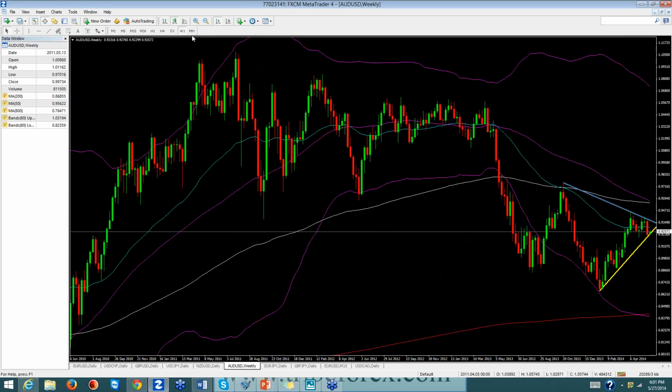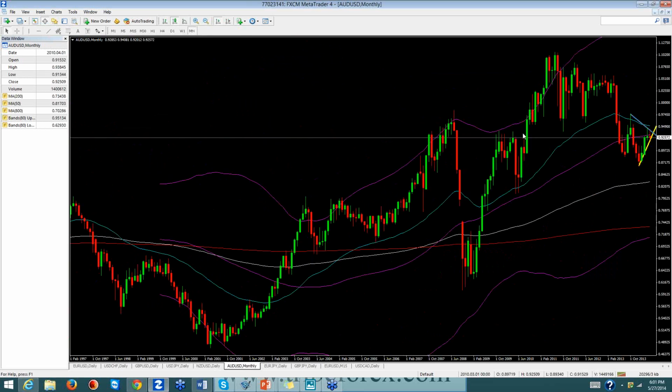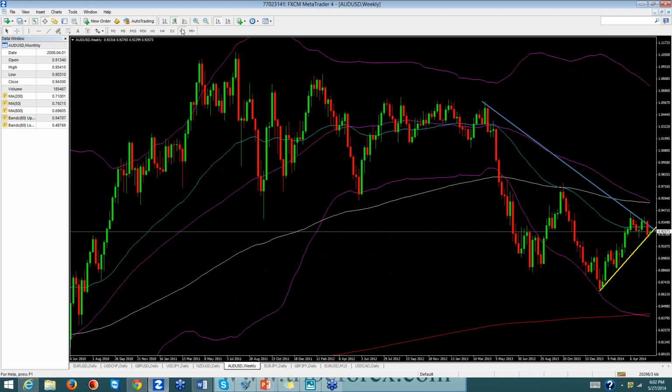Yep, and on the monthly. This is the Aussie dollar, 93.15.